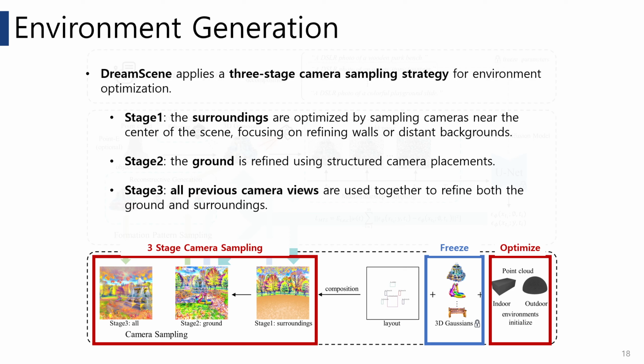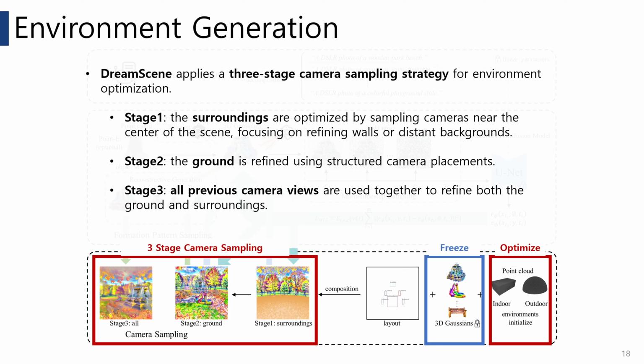Second, the ground is refined using structured camera placements. For indoor scenes, cameras are positioned to cover key object placement areas and flow regions. For outdoor scenes, cameras follow a radial pattern, capturing views from different distances to ensure even ground coverage.